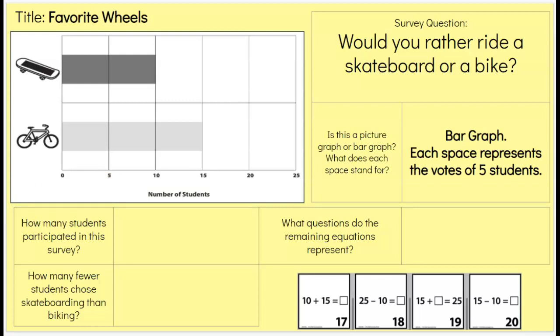How many students participated in this survey? The numbers are really important for this question too. I want you to use your whiteboard and marker and write an equation to show how many students participated in this survey. Remember, our equation will be on one of these 4 calendar markers that match our graph. Which one makes the most sense for your equation?